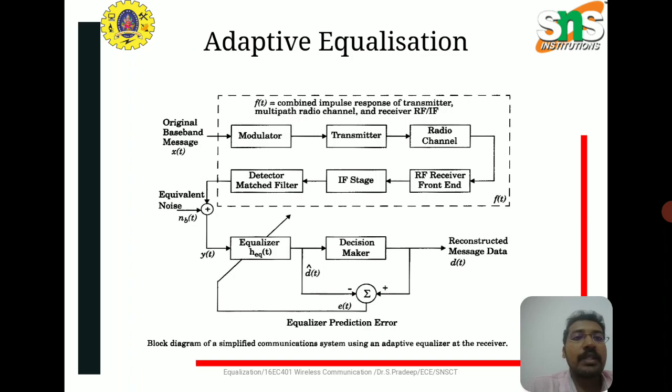The block diagram of a simplified communication system using an adaptive equalizer at the receiver side is shown.